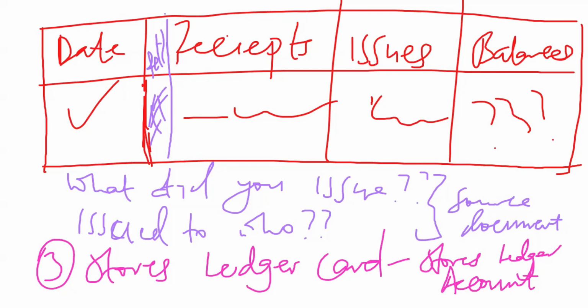The reason we incorporate the monetary value is to know exactly how much it is going to cost your products that you are issuing out.